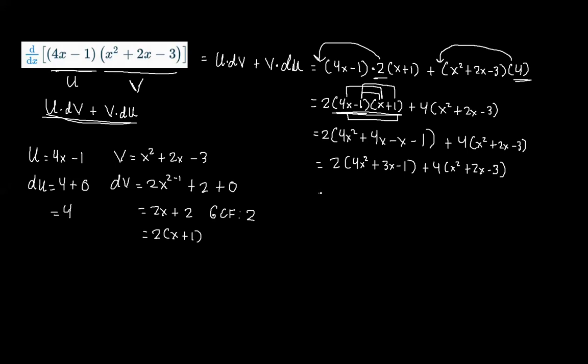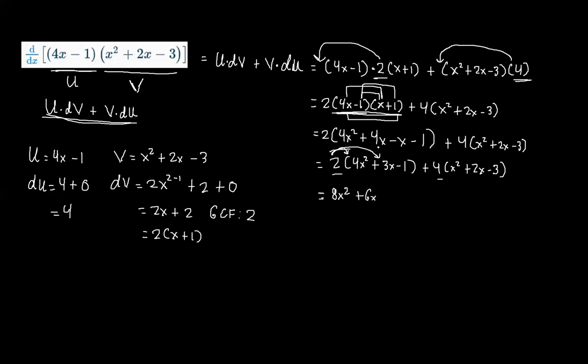After that, we're now going to distribute these terms to their corresponding polynomial. So 2 times 4x squared will give you 8x squared. 2 times 3x will give you 6x.